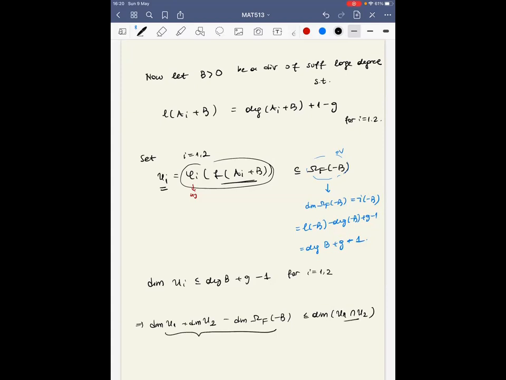So to see that this intersection is a non-trivial vector space, it will be enough to compute the dimension on the left-hand side, since we choose the divisor B with sufficiently large degree, which allows us to compute these dimensions of U1 and U2.